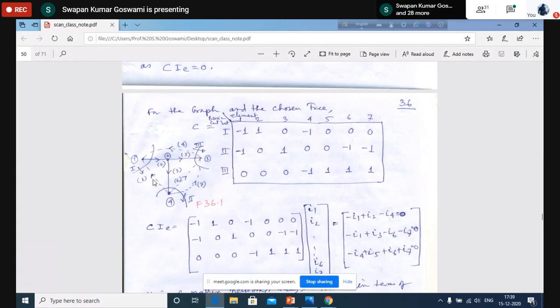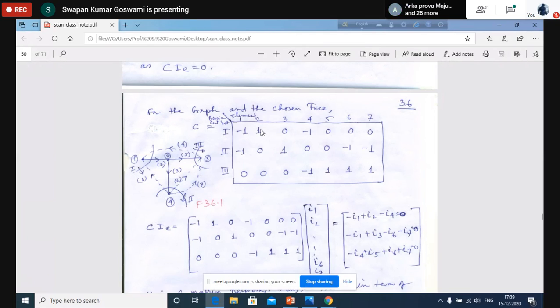So in cut set 1, the entry corresponding to element 1 is -1. In cut set 2, the orientation of the element is again -1. Is it clear? So element 1 is in cut set 1, and element 1 is also in cut set 2. In both, the direction is opposing the cut set. That's why -1 in both the places.